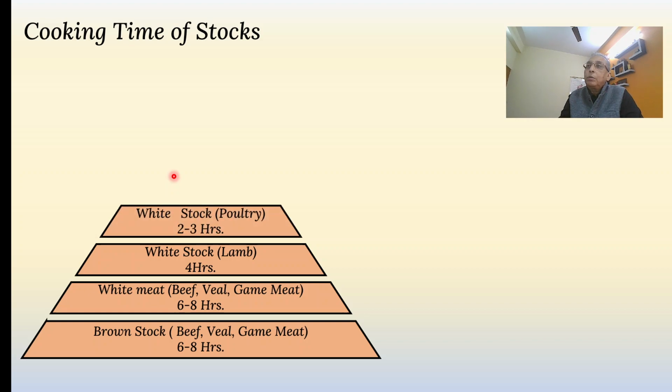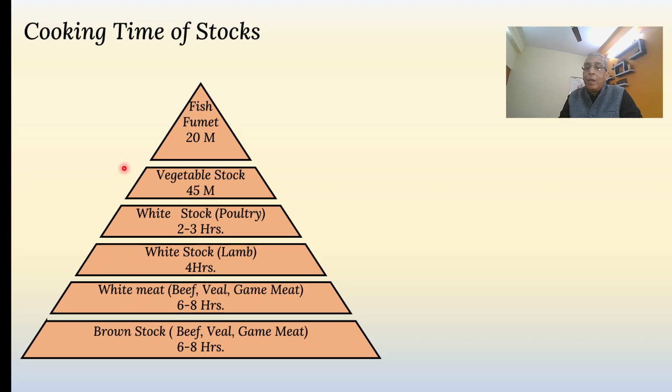White stock made with poultry, 2 to 3 hours. Vegetable stock, 45 minutes. Fish fumet. Fish stock is very fragile, very soft. That's why 20 minutes only.